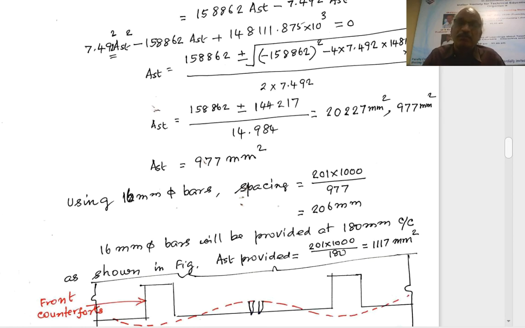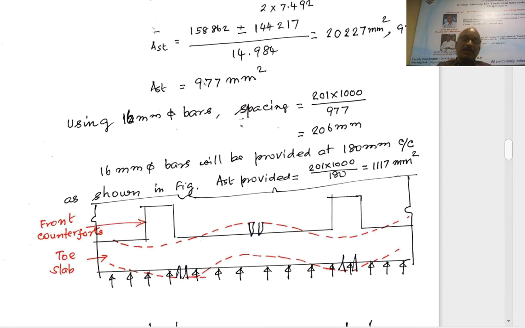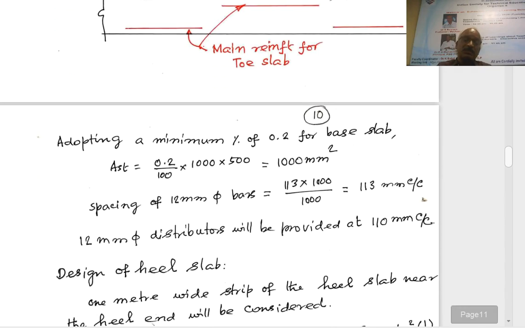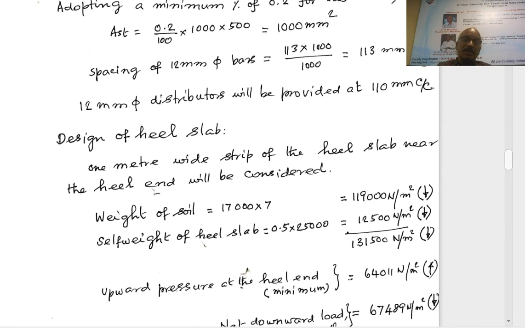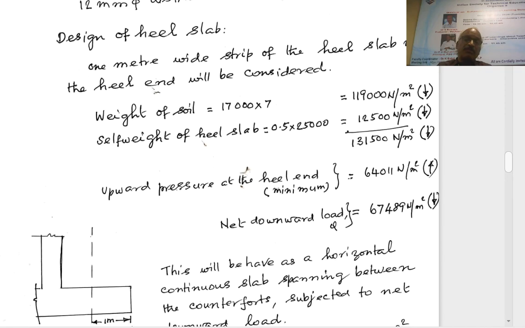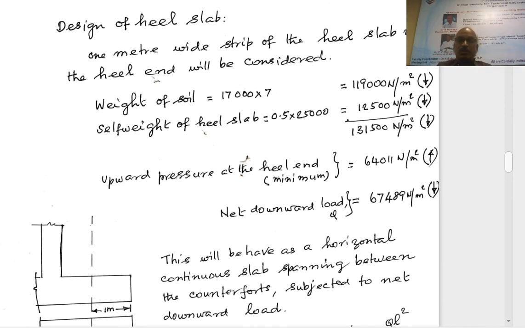Therefore, we have provided more than the minimum. So this point is to be checked. We should not provide less than the minimum as the main reinforcement and minimum steel as distribution steel. These are the points to be checked. So that's about the design of the toe slab.